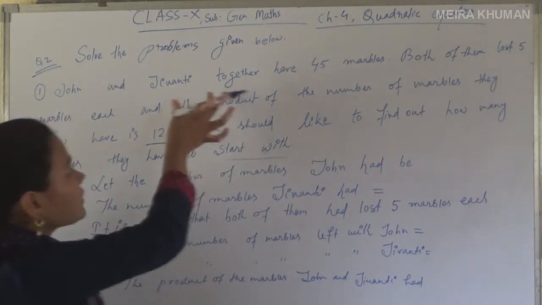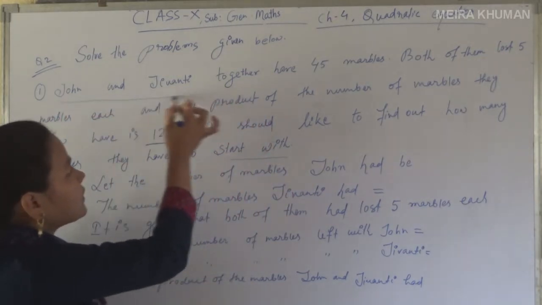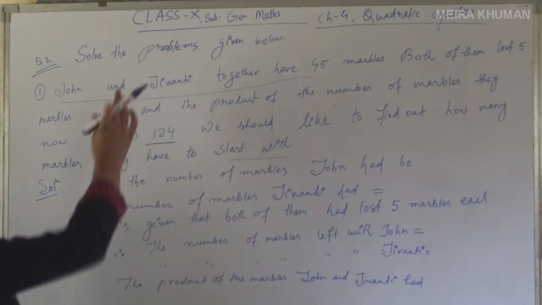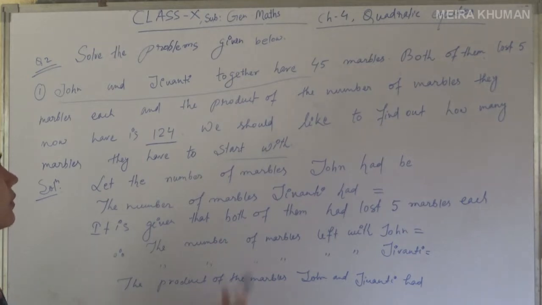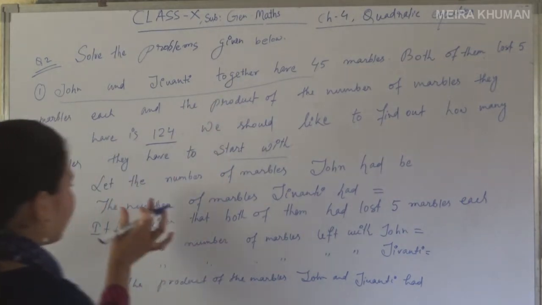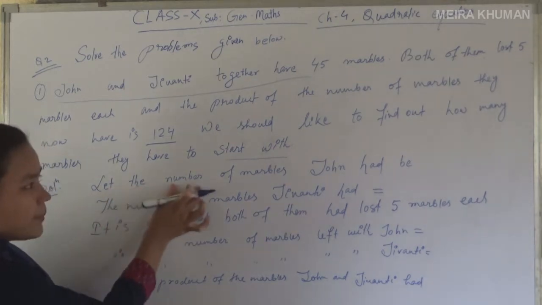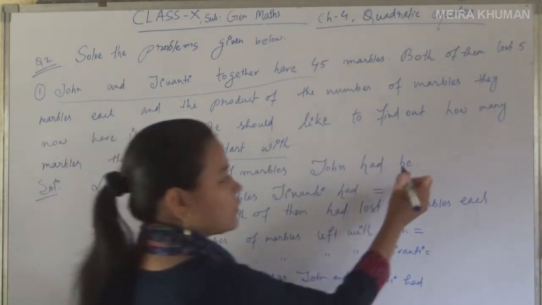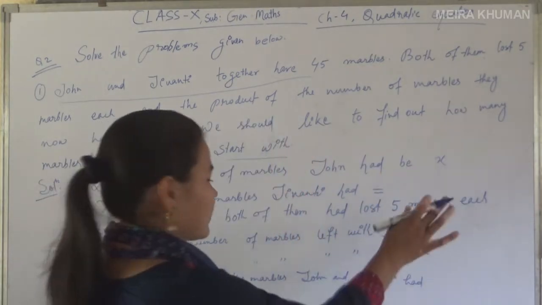Here John and Jivanti together have 45 marbles. But how many did John have? You don't know, and Jivanti also. So you should let the number of marbles John had be x marbles.